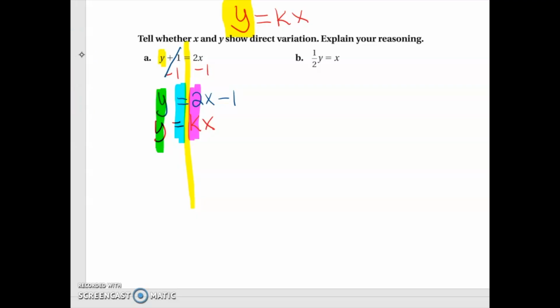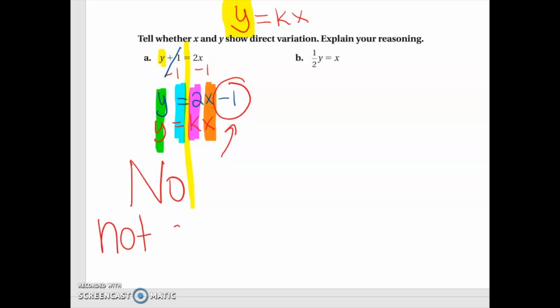The slope would be 2. The x's match up, but we have a problem. You see the problem? This here. Because there's an extra piece, we would say no, this is not a direct variation because of that extra minus 1.